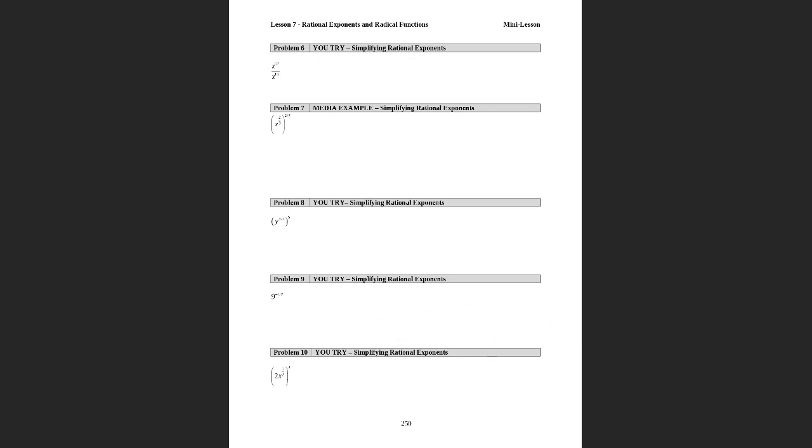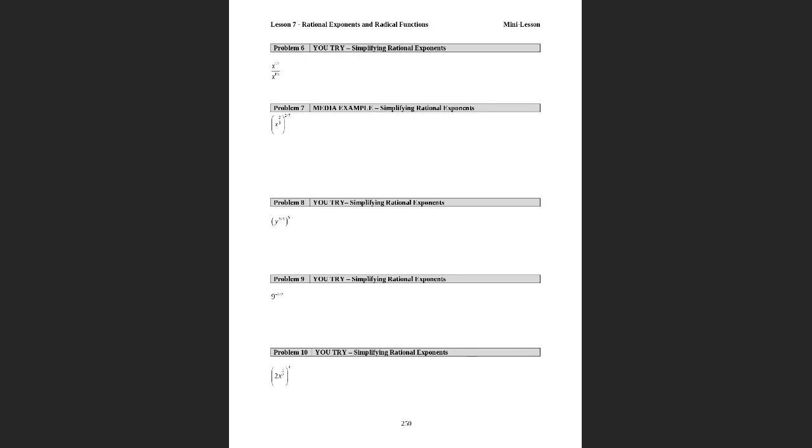Now let's look at problem 10, because that is not a media example. So we have 2x to the power 1/2. Remember, the power 1/2 only affects the x, but all of them are in parentheses, and then we have an exponent of 4. So all of them inside the parentheses are affected by the 4.